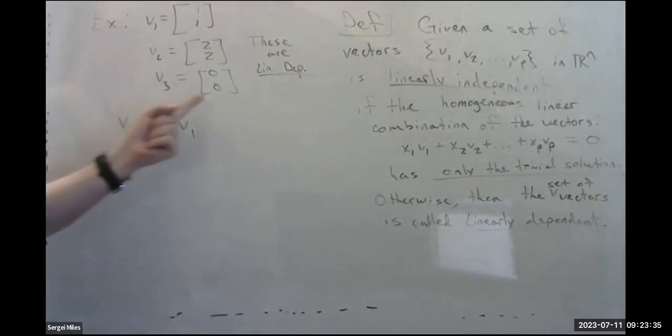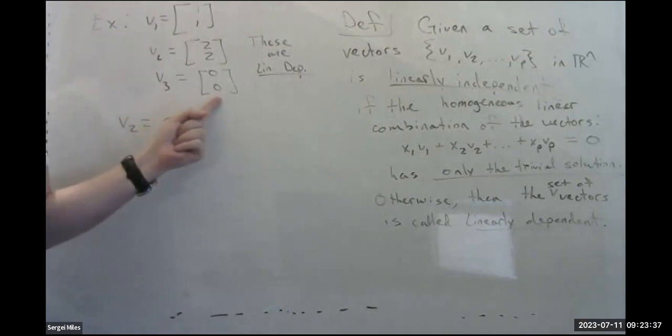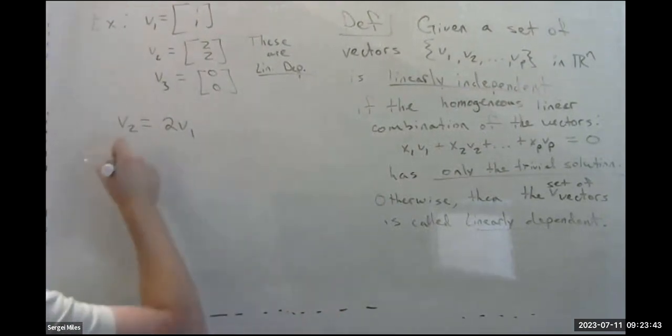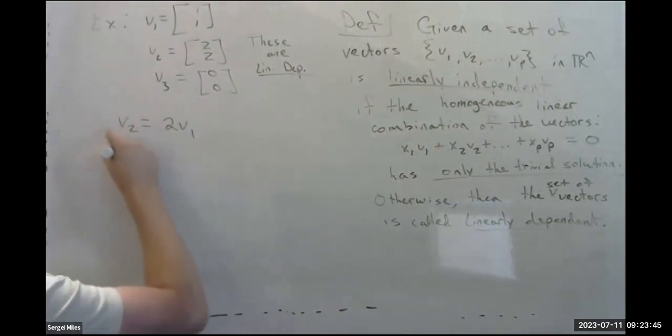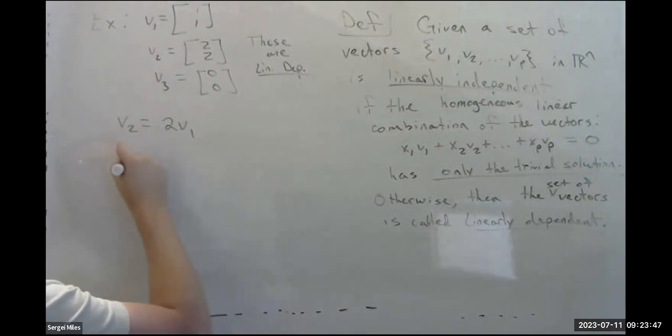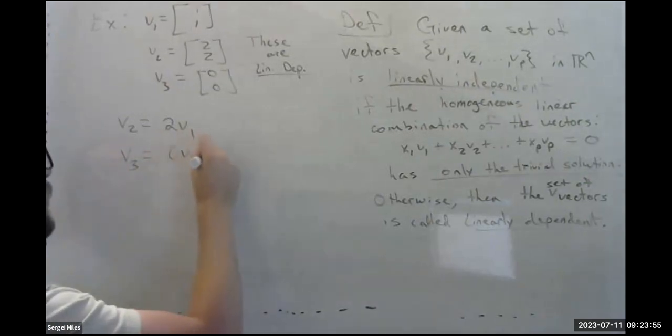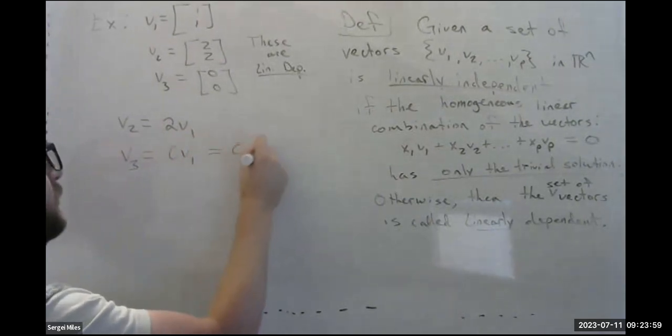One of the vectors here is the 0 vector. And one issue with the 0 vector is that for any vector, I can take 0 times that vector. 0 is always a scalar I can use, right? But I can also take 0 times V2, right?